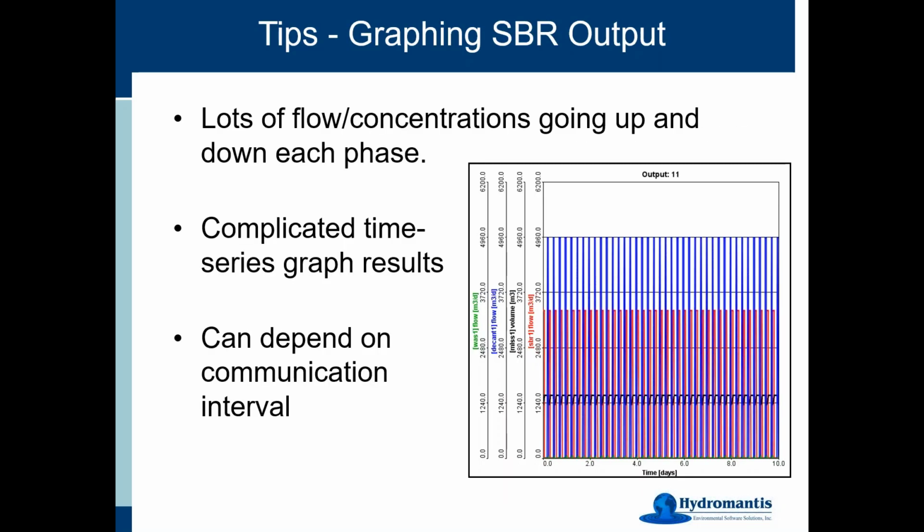Okay, so now when we're looking at the output, there are lots of concentrations that go up and down each phase as the pumps turn on and off. If you plot a lot of data on a graph and do that for a long dynamic run, it can be really hard to keep track of what's going on, and you'll end up with something that looks like this. It's pretty hard to interpret. So you want to make sure your communication interval, meaning how frequently your graphs are updated, is short enough that you can do what you need to do, but you don't want a messy or hard-to-read graph such as this.